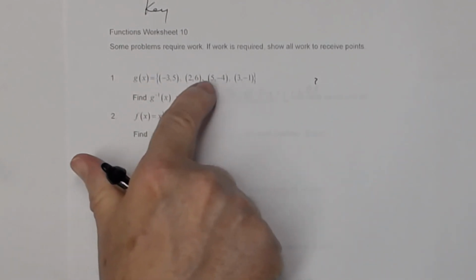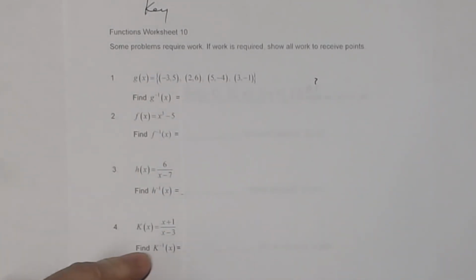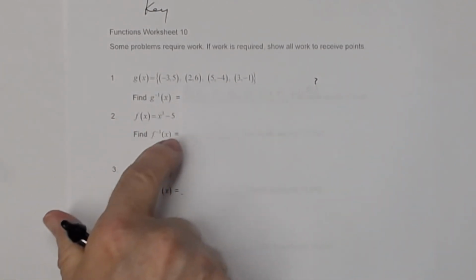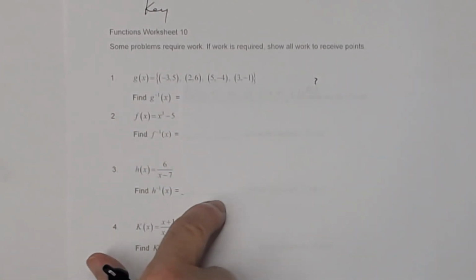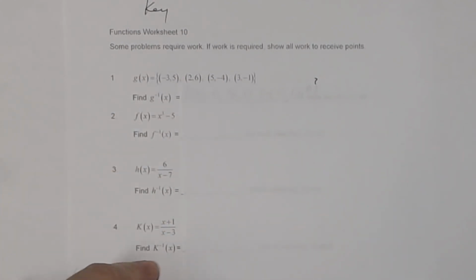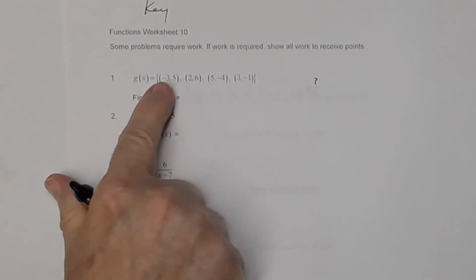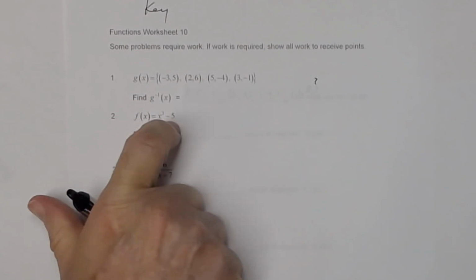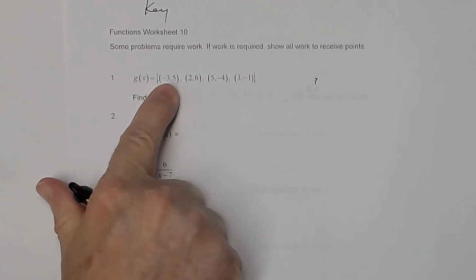So here you have a finite set, and here you have an infinite set of ordered pairs. The way we determine the inverse is going to be different with a finite set versus an infinite set. In a finite set, it's pretty easy. All you do to find the inverse of a finite set of ordered pairs is you just remember this.